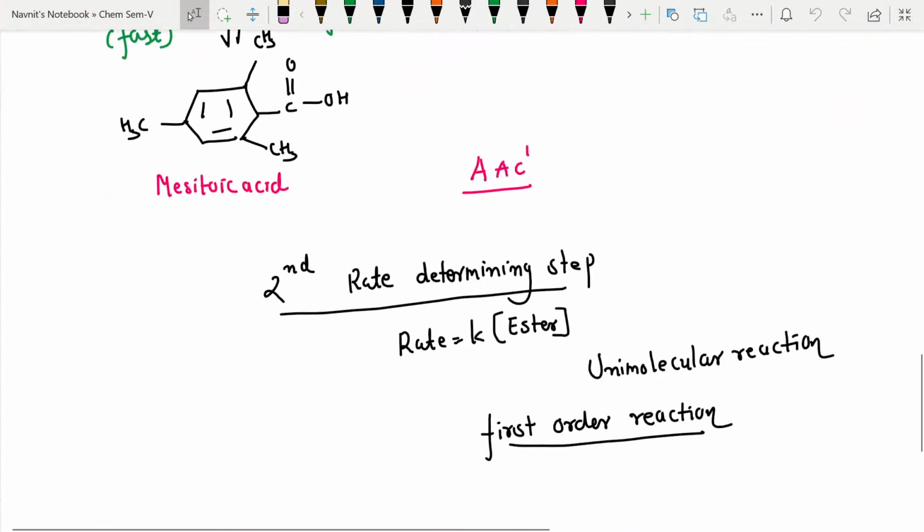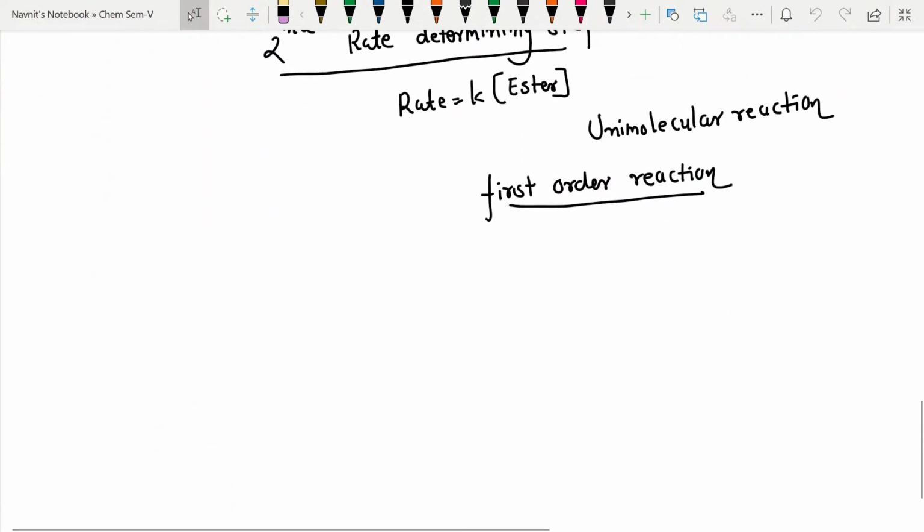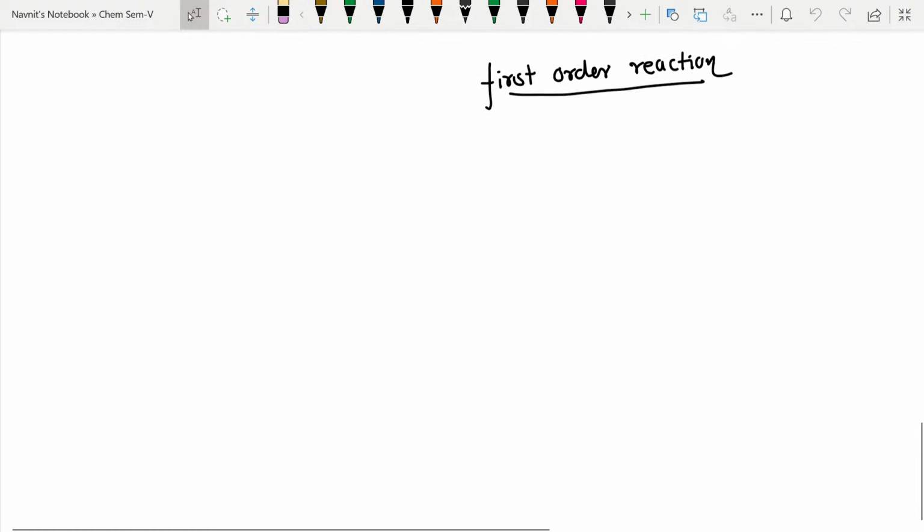So next, similar to this mechanism, is esterification.